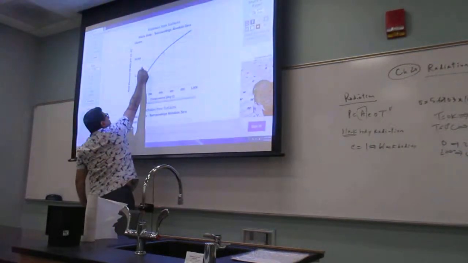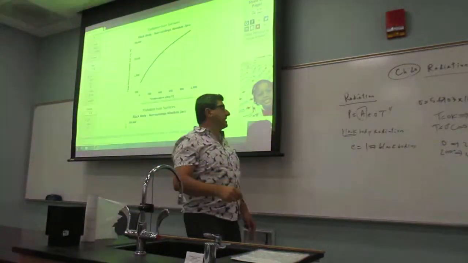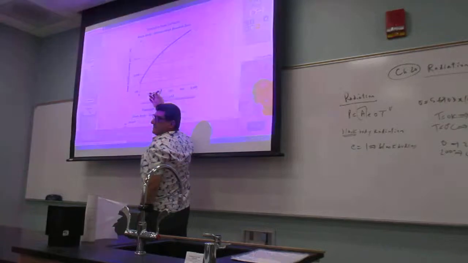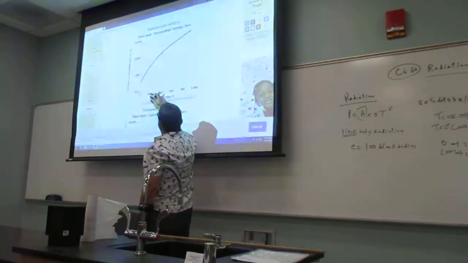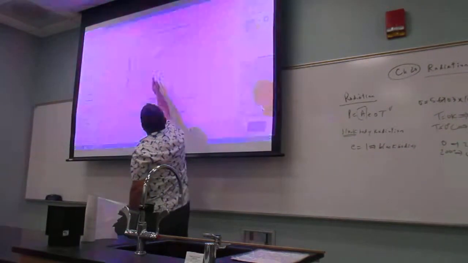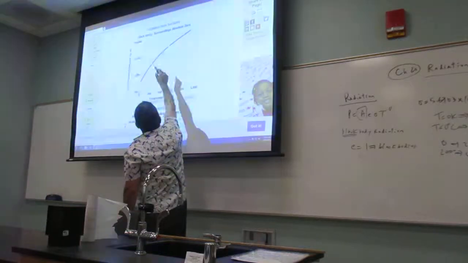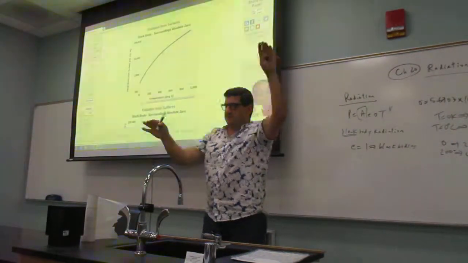So that would be halfway between here and here. Okay, so then the same thing is happening. When you go from 200 to 400, it's not going to be the same ratio. It's going to be less, right? The ratio of 400 Celsius to 200 Celsius in Kelvin. So it's not going to go up by a factor of 9 anymore. From 400 to 600, it's not going to go up by a factor of 9. So that's why it's kind of plateauing. Let's see.